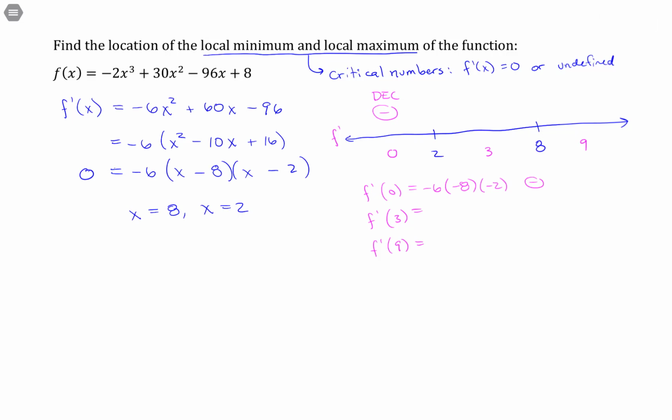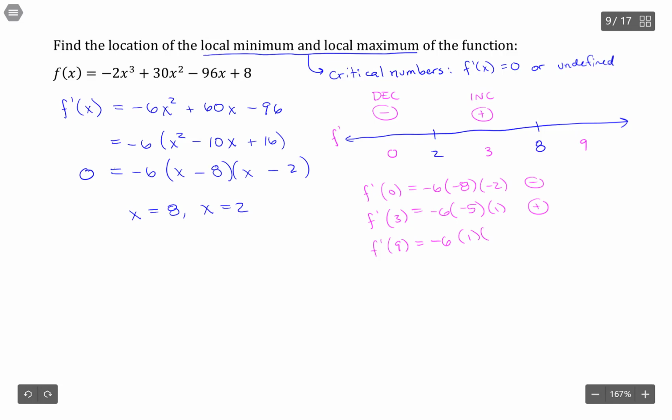Now at 3, I have negative 6 times 3 minus 8, which is negative 5, times 3 minus 2, which is 1. Negative times negative is a positive. So it's positive on this interval, which means I am increasing. At 9, it would be a negative 6 times 1 times 7.